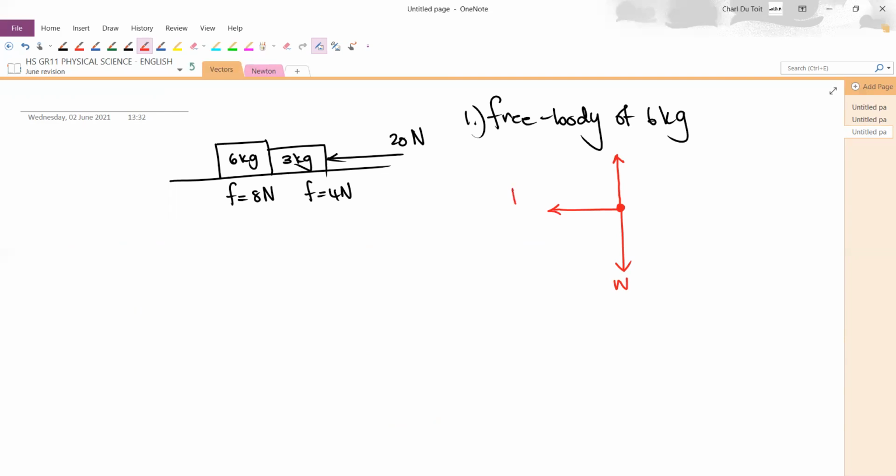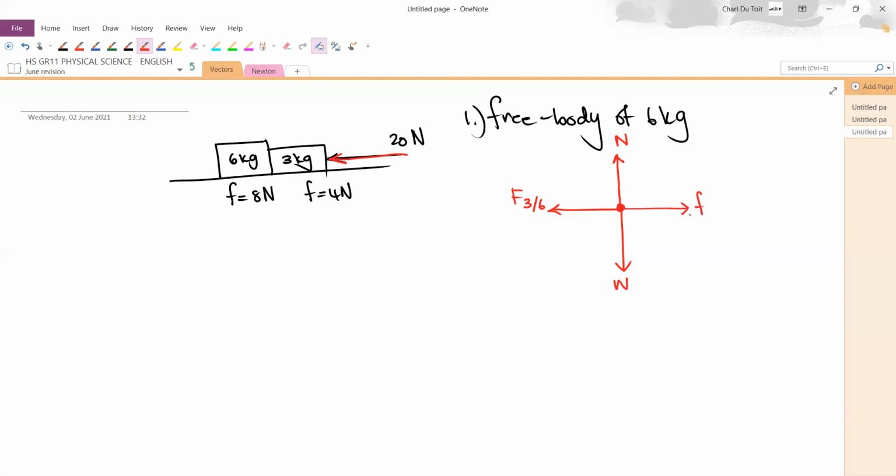It's force applied. No. The force applied is only on the 3 kg block. No one's touching the 6 kg. So it's the force of the 3 on the 6. The force to the left is the force that the 3 kg block exerts on the 6 kg block. No one's touching the 6 kg block. There's no applied force. And then towards the back, there's friction.